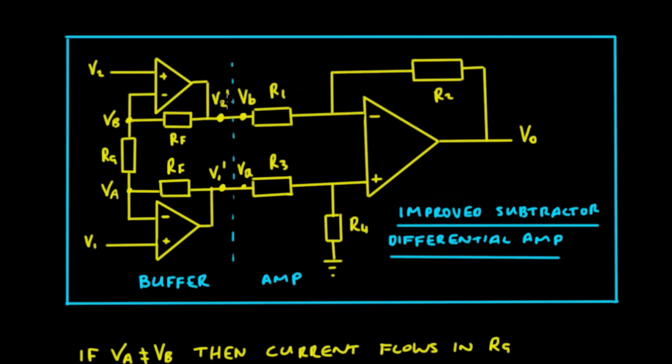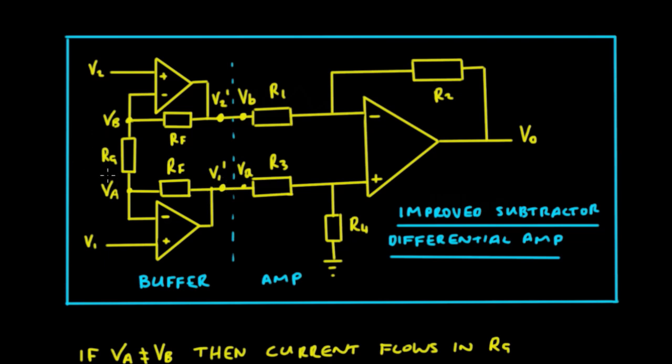So we can go from V2 dash through RF to voltage V2, down through RG to V1, and across RF to V1 dash.